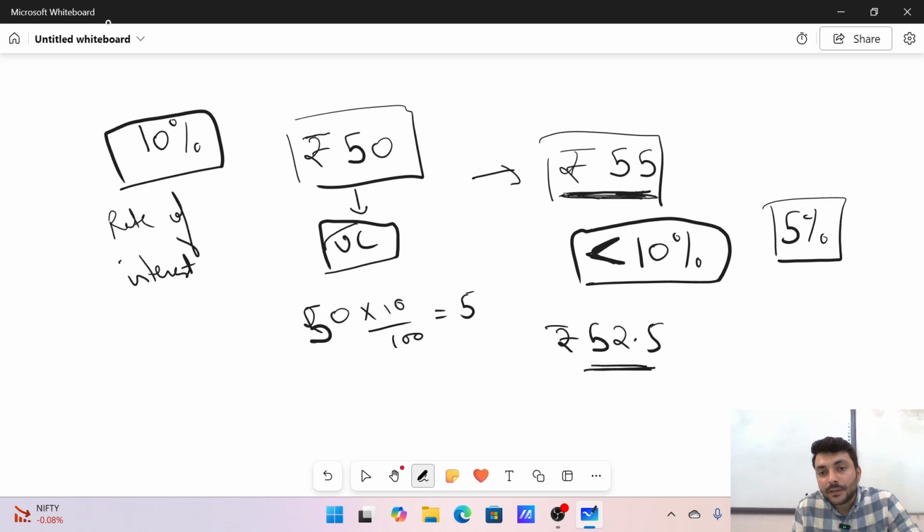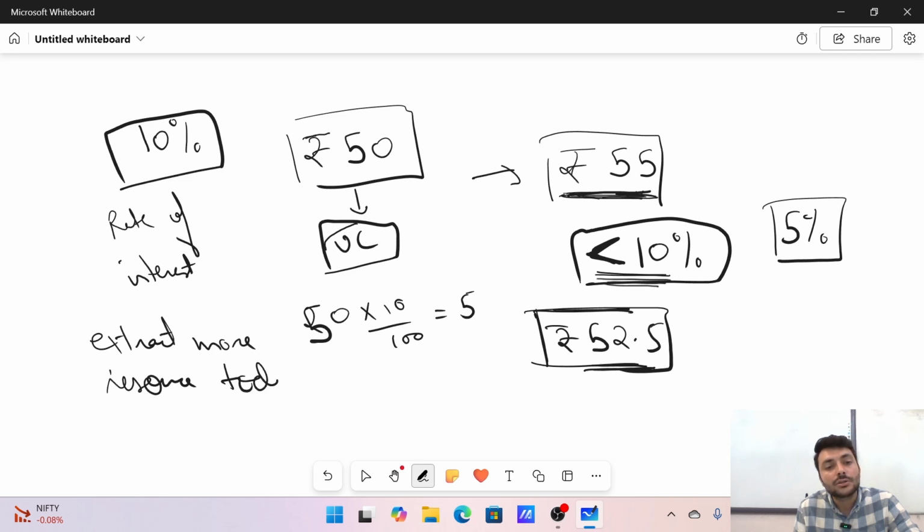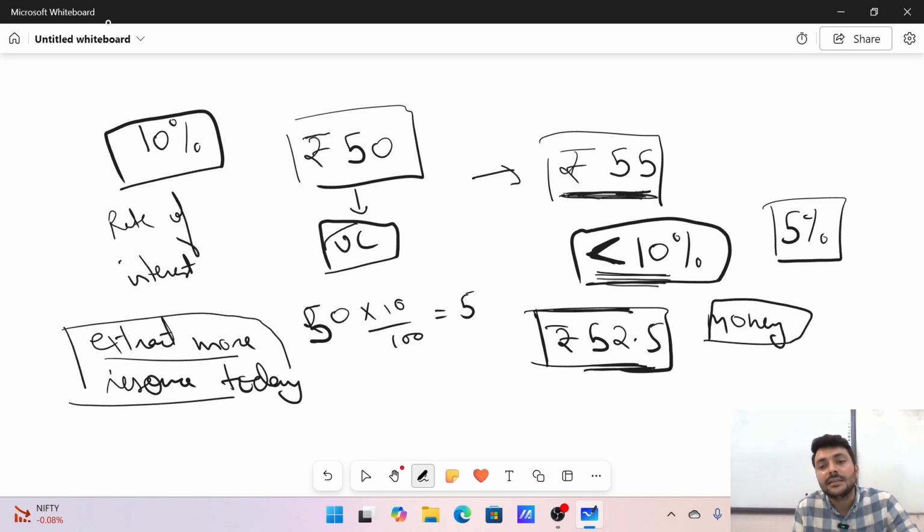Then in this case, it would pay the extractor to extract more resource today rather than in the future. And why would he extract more resource today? Because after extracting the resource, he is going to sell it, and the money that he will get from selling the resource could be invested in interest yielding bonds, wherein he would get a return of 10%.